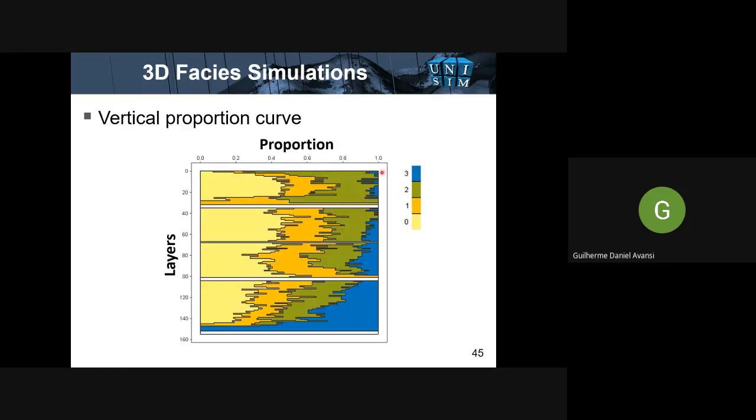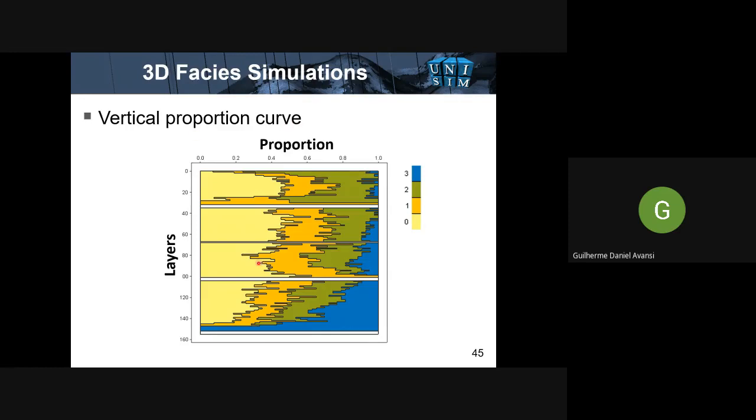It gives us an idea about the amount of phases that you have when you are moving in depth, right? This is the origin, 0, and this is the depth of 106 meters. And this is the type of phase that we have, phase 0, 1, 2, and 3. We can see here, phase 3 is most frequent on the base of the reservoir, right?